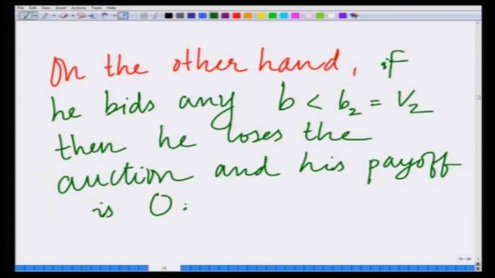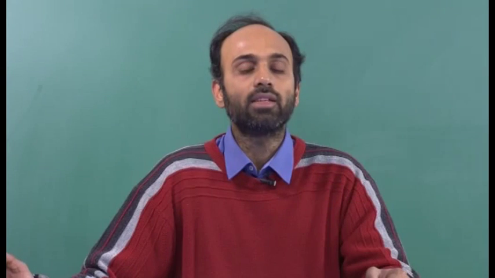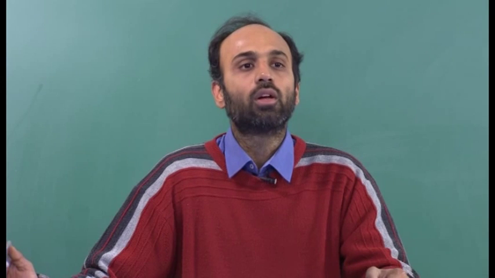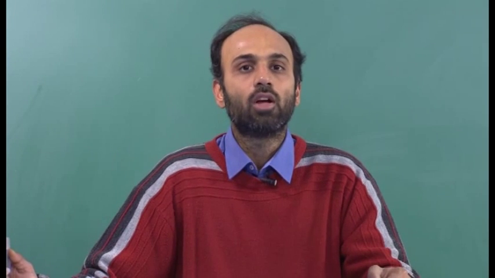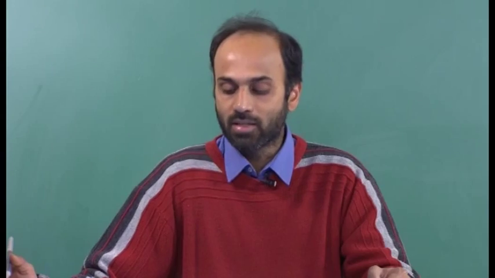So if he bids any bid B which is less than V2, which is the bid of player 2, he loses the auction and his net payoff is 0. If he bids any B that is greater than or equal to B2, then he gets a negative payoff. If he bids any bid B which is less than V2, then he gets a payoff of 0. Obviously bidding any bid B which is less than V2 is a best response. In particular, since V1 is less than or equal to V2, bidding his valuation V1 is a best response.